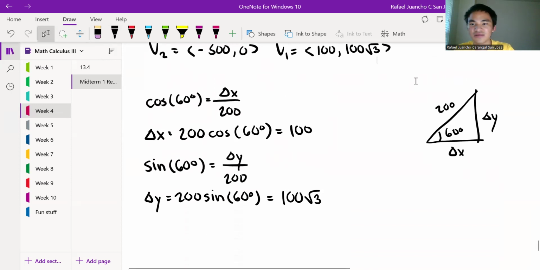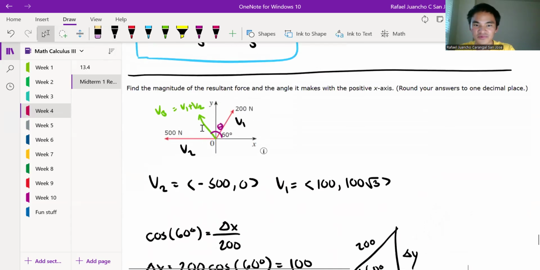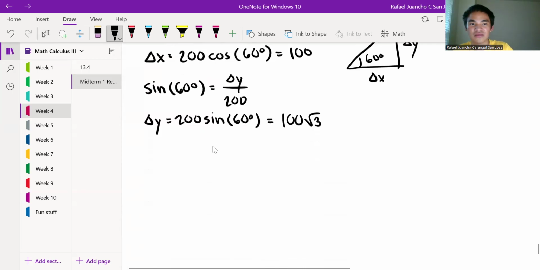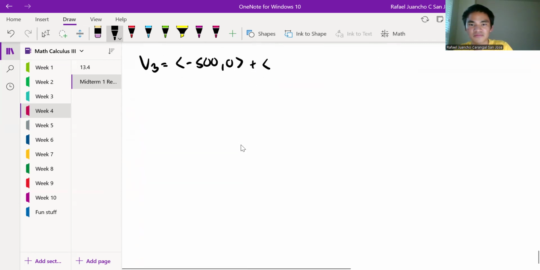Now what's next? I need to find my resultant vector, or my sum, which is this guy over here, my green vector here, and I want to find its magnitude. So I'm going to add these two vectors to get my v3, because that's what I need. So v3 is the sum of my two vectors here plus my other one.